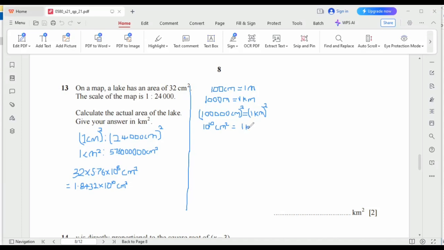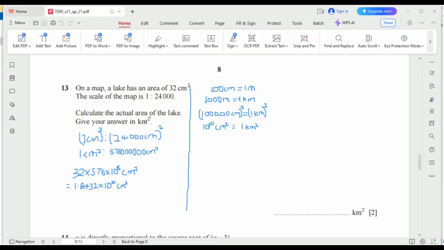We spent too much time converting this. I'm sure we've lost track of what we're doing, so let's go back before we completely forget. Remember, we've answered this question already, but our answer is in centimeters squared. The answer we got is 1.8432 times 10 raised to power 10 cm squared.